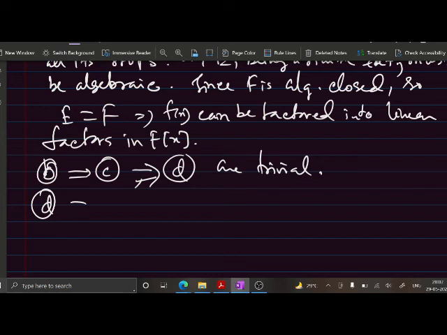So you need to check whether D implies A. দেখো তো, every non-constant polynomial over F must have a root in F.